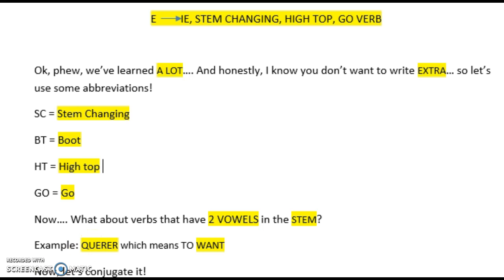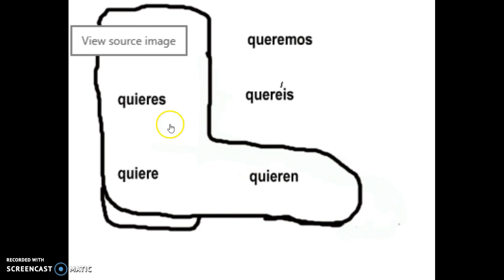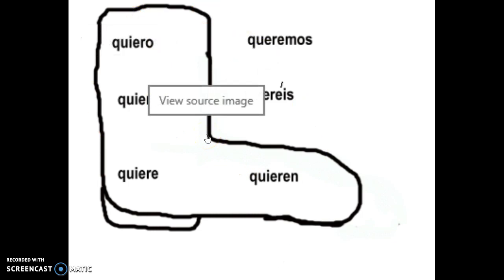If you said that the E will change, you're correct. Querer is what we call an E to IE stem changing boot verb. Let's see what it looks like conjugated. Querer is a boot verb because the change happens inside the boot, if we view the conjugation box as a boot.